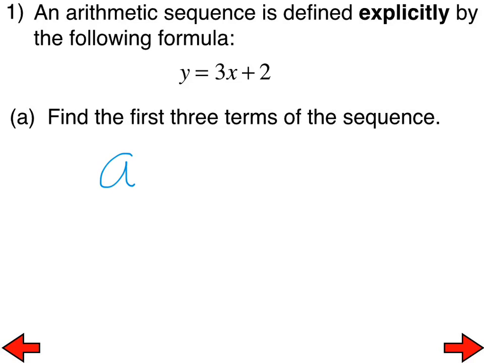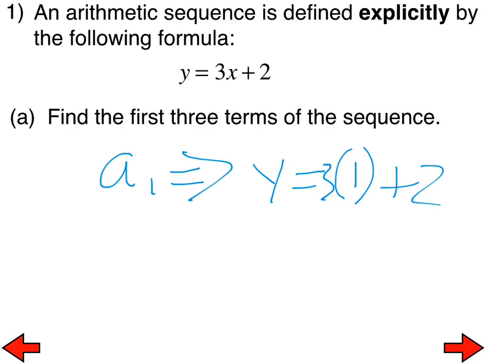We said a sub 1 is equal to, and what that means is that we substituted 1 in for x and simplified. So that means that the first term in the sequence is 5. Go ahead and find the next two terms in that sequence.